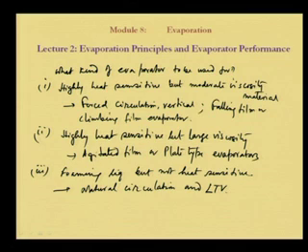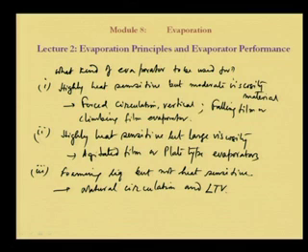The answer should be forced circulation vertical or falling film or climbing film evaporator. Second case, highly heat sensitive with large viscosity. In that case, the answer would be agitated film or plate type evaporators.